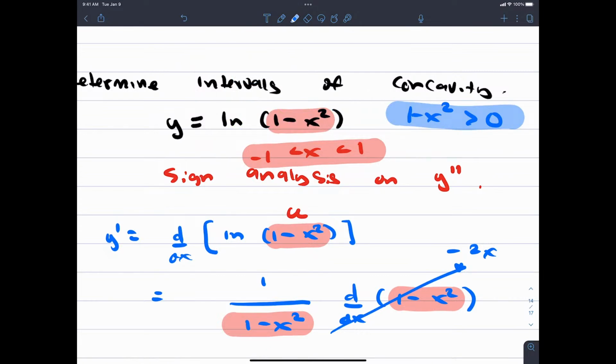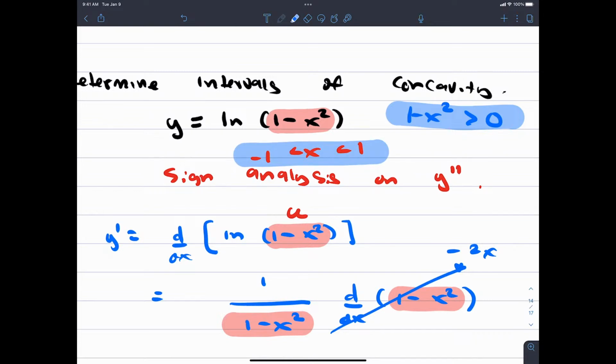And if you do sign analysis here, you say, what would that give me? That x has to be between -1 and +1. And you can't equal -1. You can't equal +1, okay? Because if it was that, it's 0. You can't take natural log of 0.